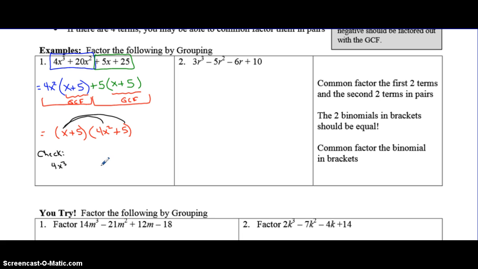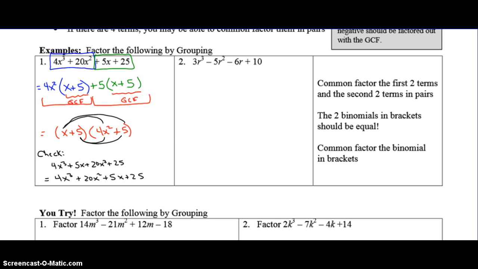X times 5 is 5x. 5 times 4x squared is 20x squared. 5 times 5 is 25. And if you write them in descending powers of x, which is your correct mathematical way of writing out your terms, you get the answer that you started with.